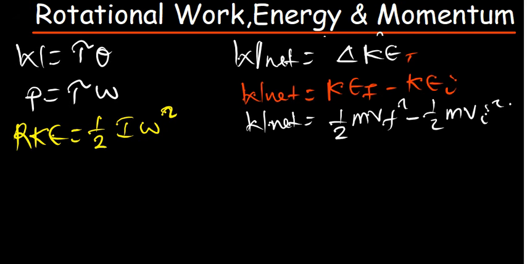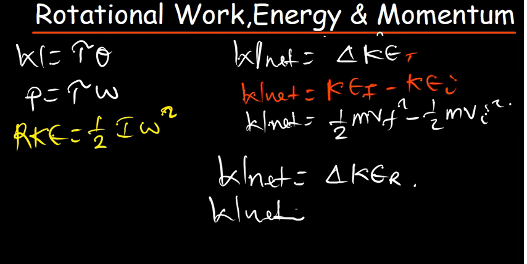Now we are trying to see the relationship between the work net and translational and rotational kinetic energy. So what I'm going to have is the same work net, but now we're talking about the change in rotational kinetic energy. We can have the final rotational kinetic energy minus the initial rotational kinetic energy, as simple as that.